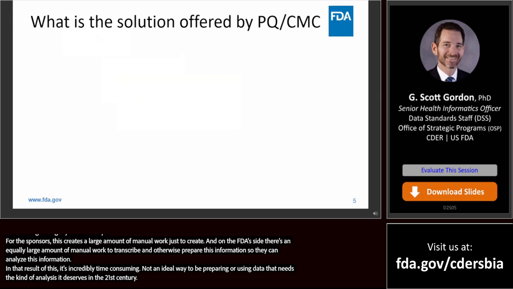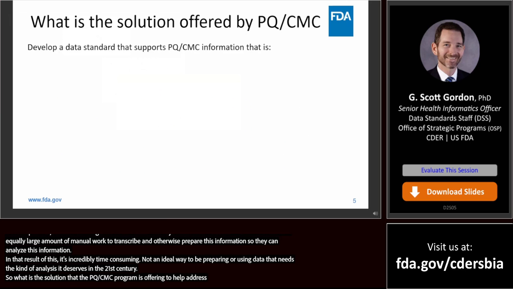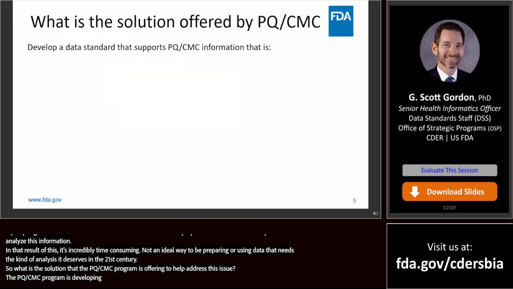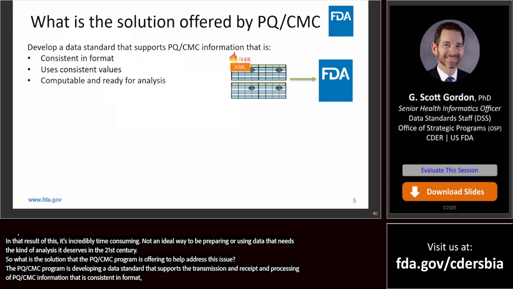So what is the solution that the PQCMC program is offering to help address this issue? The PQCMC program is developing a data standard that supports the transmission and receipt and processing of PQCMC information that is consistent in format, uses consistent values, and most importantly is highly computable and ready for analysis.